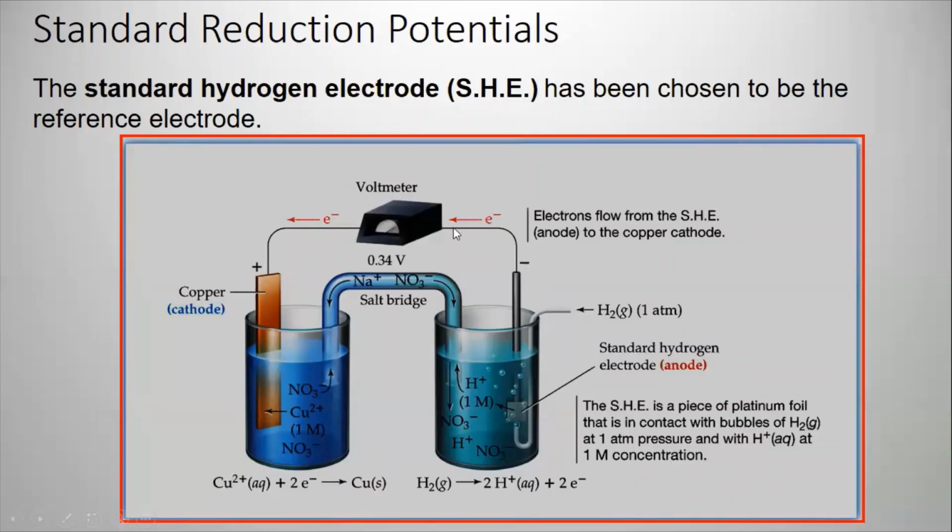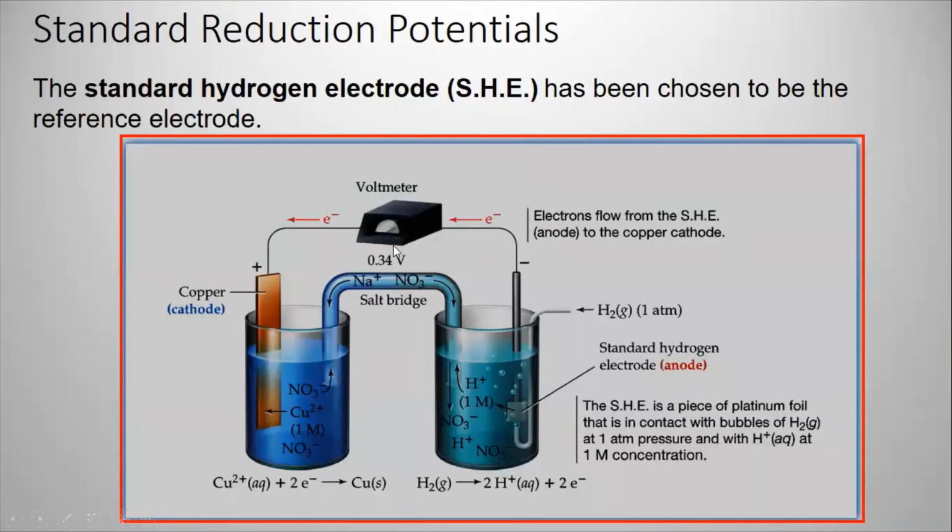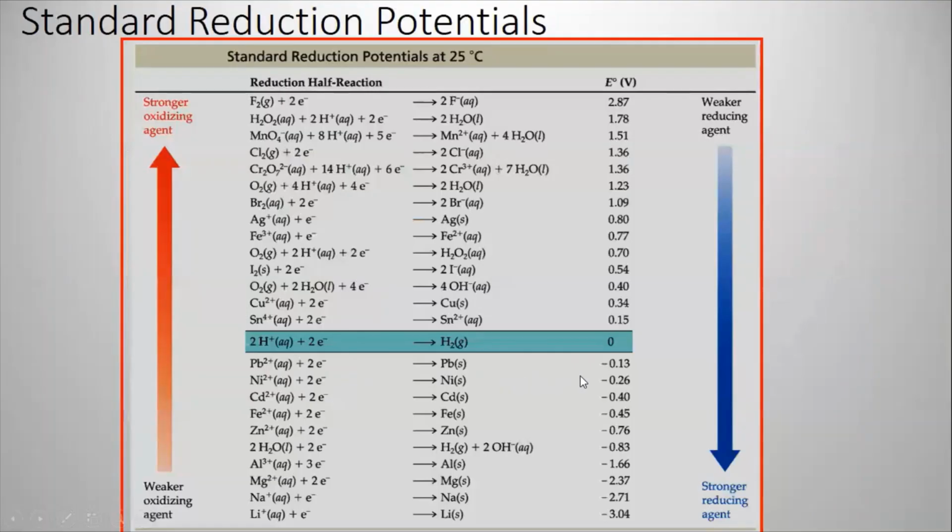So if I couple hydrogen with copper, it reads 0.34. If it reads 0.34, then this is the copper standard electrode potential. So anything above hydrogen, whatever reading you get is going to be positive. Whoever is below hydrogen, whatever reading you get is going to take a negative sign. So if this was lead, for example, the potential is negative 0.13.